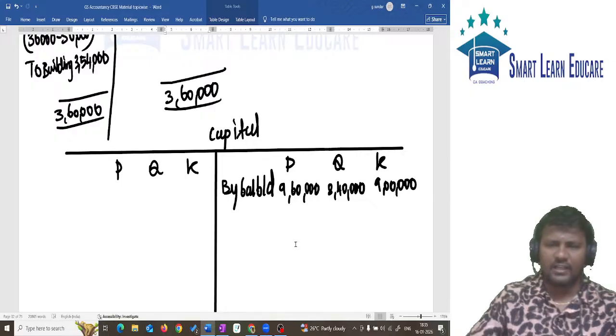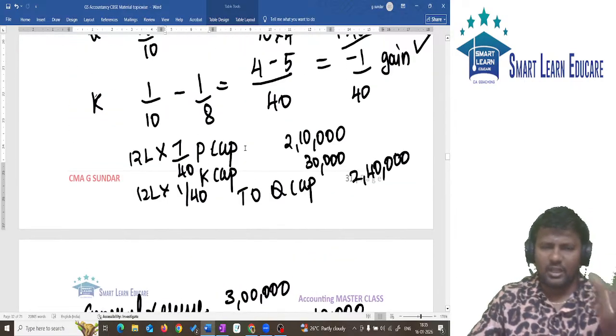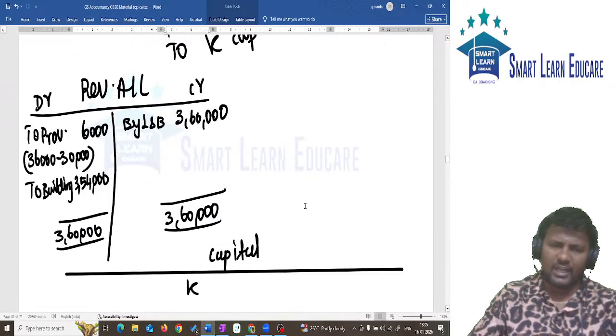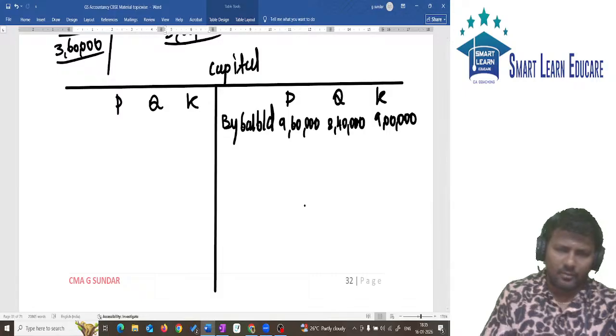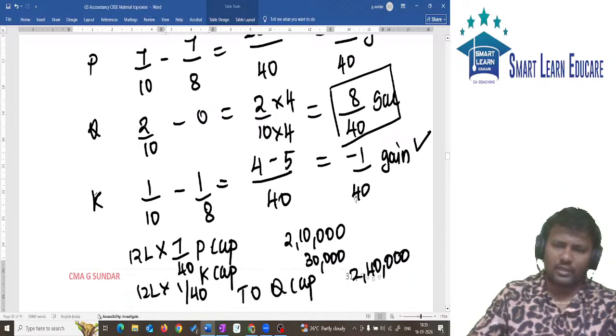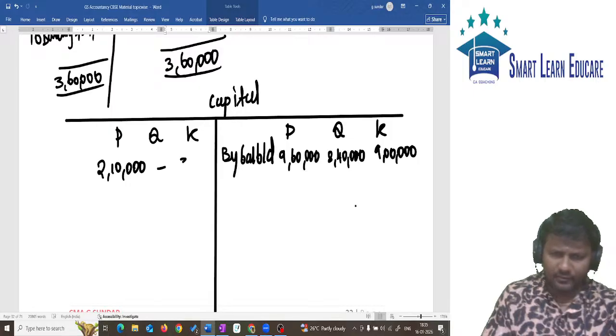Also we passed an entry for goodwill. What is the journal entry we passed for goodwill? P capital debit, K capital debit, to Q. Two partners' capital debit. First complete the debit. P and K debit 2,10,000 and 30,000.